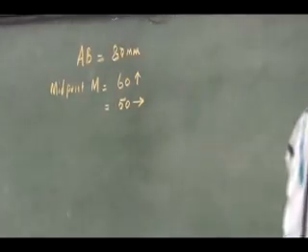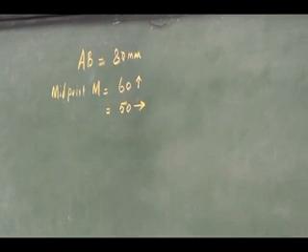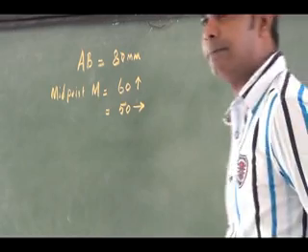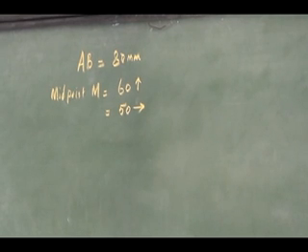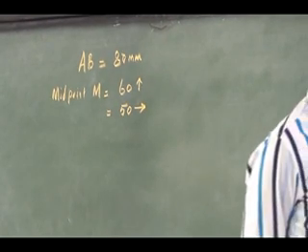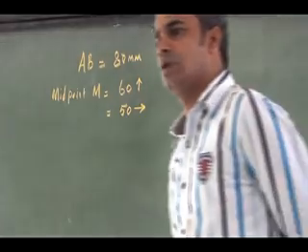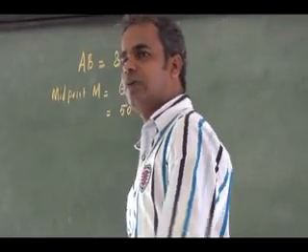The line is 30 degrees inclined to HP and 45 degrees inclined to VP.